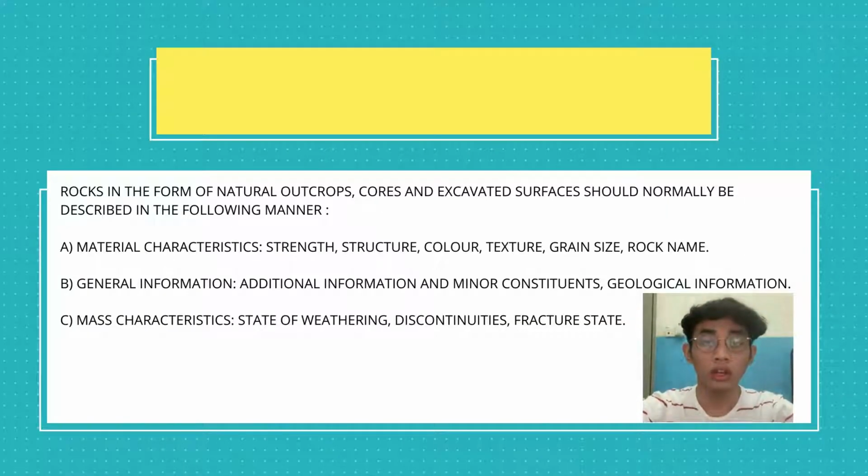Next, for the theory of the experiment, rocks in the form of natural outcrops, cores, and excavated surfaces should normally be described in the following manner. First, material characteristics such as strength, structure, color, texture, grain size, and rock name.